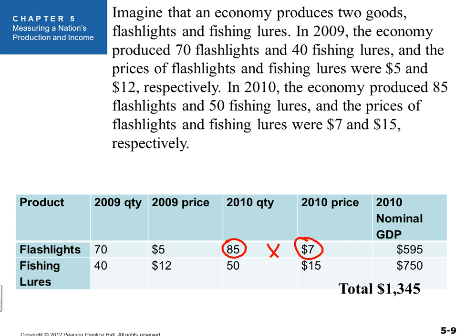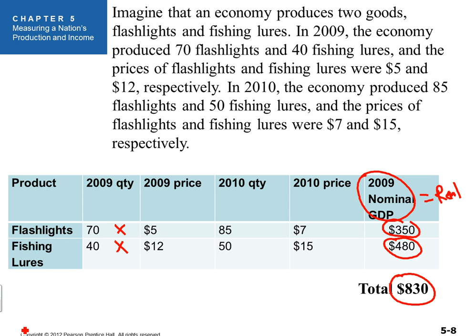So if we calculate our 2010 nominal GDP, we would take the dollars that we produced of flashlights, 595, and add them to the dollars produced of fishing lures, which comes out to be 750, and the total is 1,345.